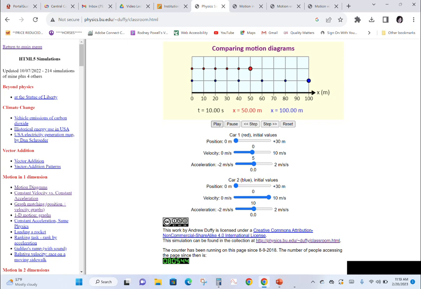So you can see that the car that is traveling slower drops every 5 meters, but the car that is traveling at 10 meters per second makes a drop every 10 meters, so that it goes twice as far every second than the red car does. But notice too that each of these drops are equally spaced regardless, and that indicates that they're traveling at a constant speed.